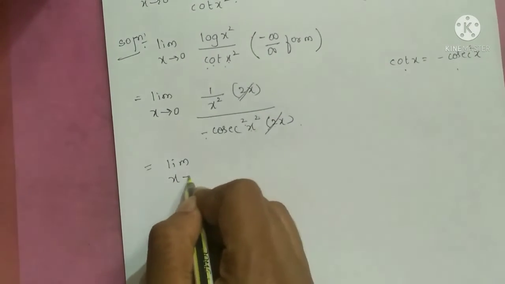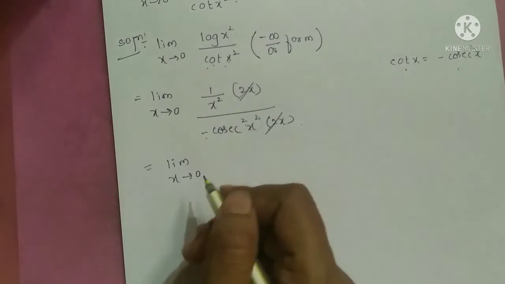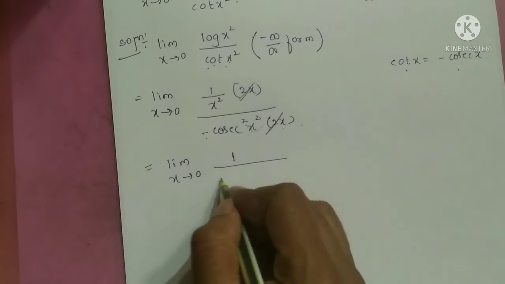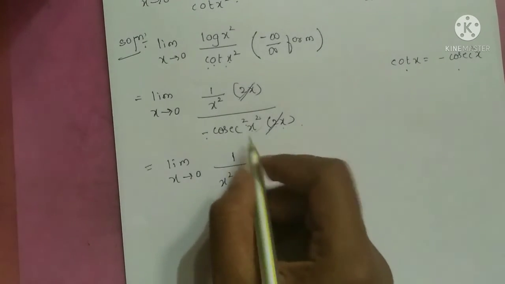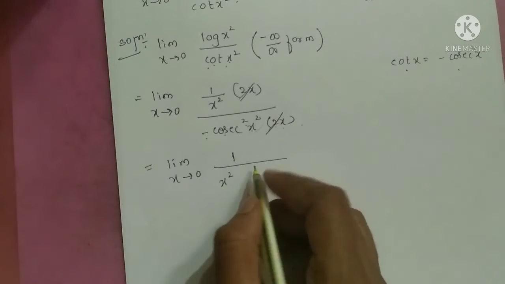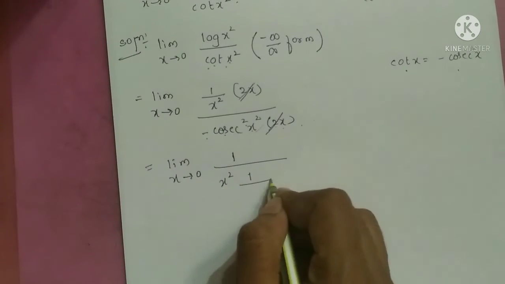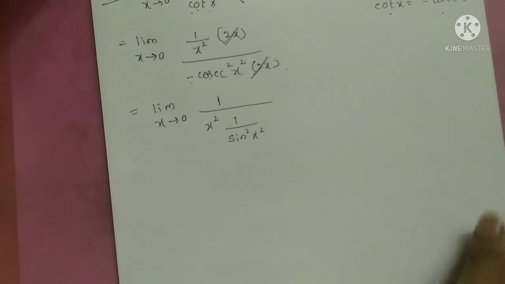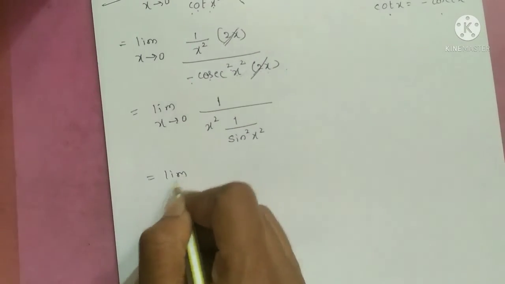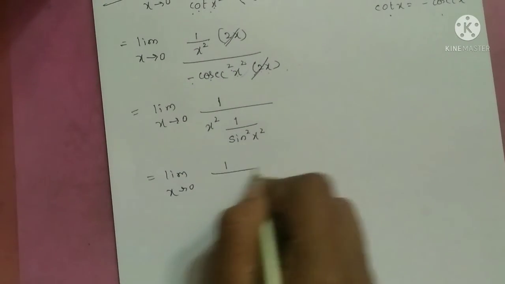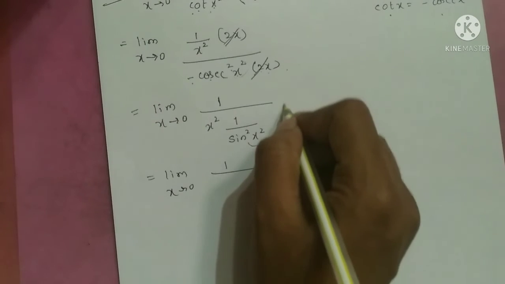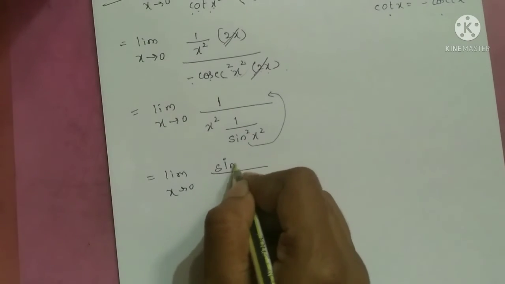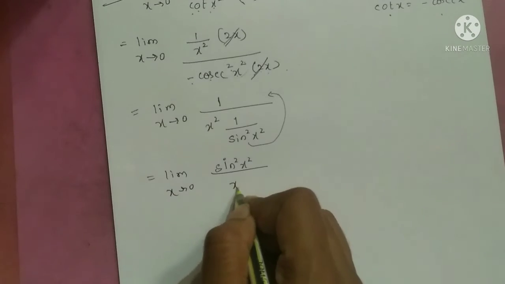Limit x tends to 0, 1 divided by x square and 1 divided by x square. This cosecant square x square can be written as 1 by sine square x square, right? So what does it become? When this sine square x square shifts to the numerator, it becomes sine square x square by x square.